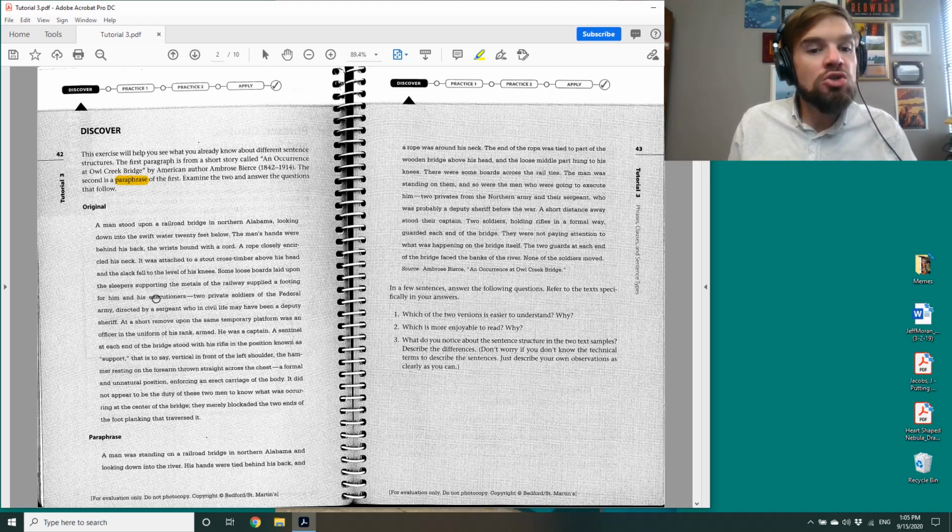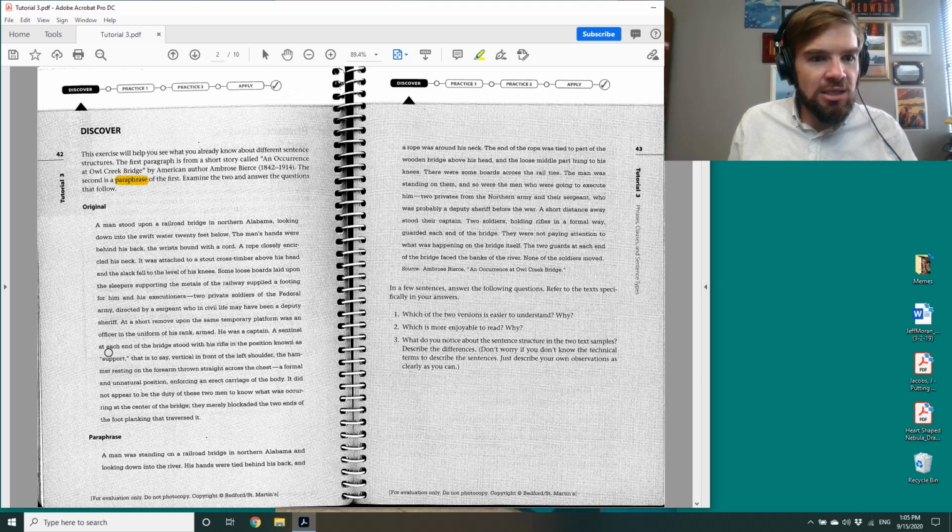his executioners, 2 private soldiers of the Federal Army, directed by a sergeant, who in civil life may have been a deputy sheriff. At a short remove upon the same temporary platform was an officer in the uniform of his rank, armed. He was a captain.